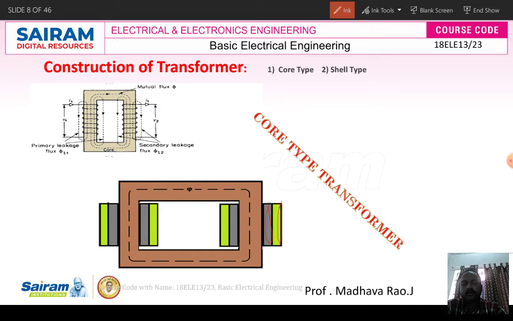In this core type transformer, to reduce the insulation cost, we always place the low voltage winding near to the core, and surrounding that low voltage winding we place the high voltage winding.